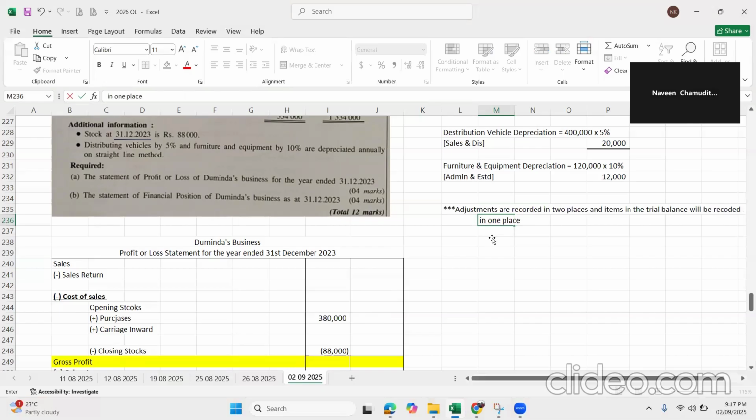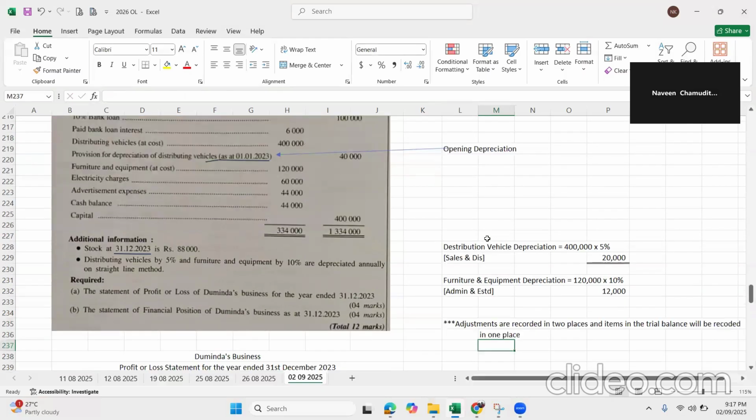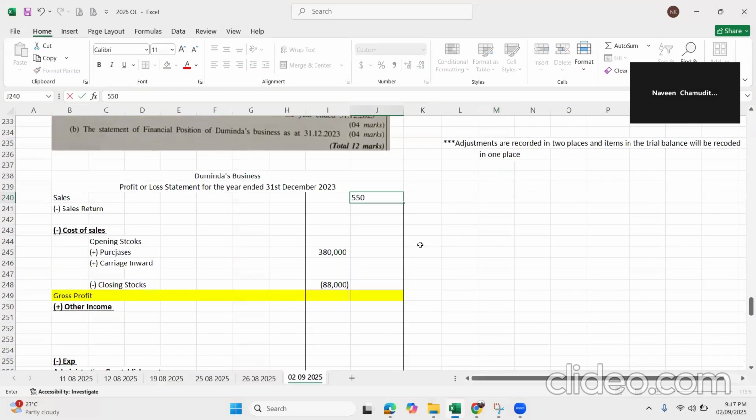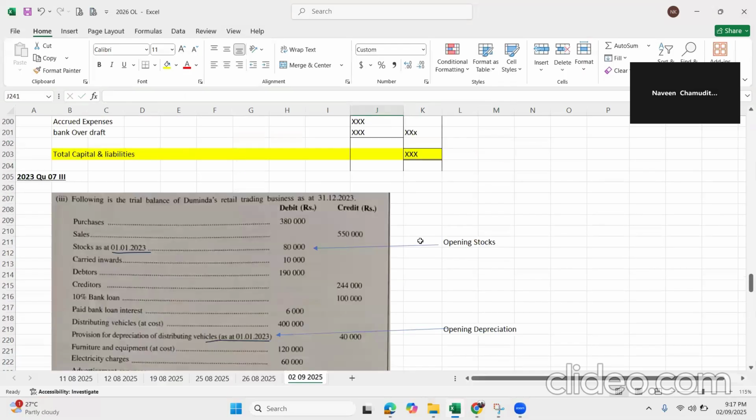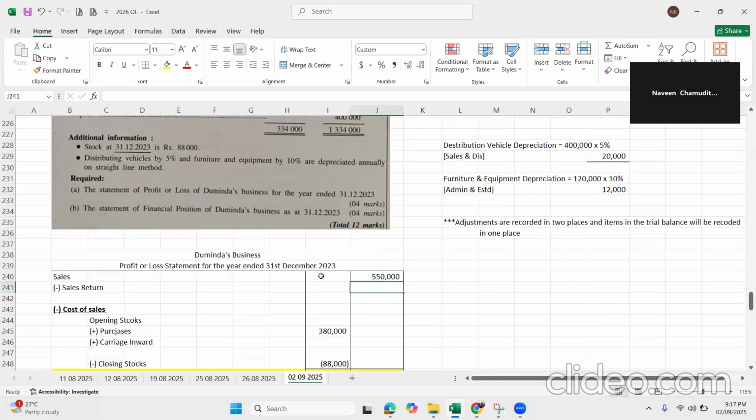Very important. Right, so here purchases 380,000 done. Sales 550,000, it's here. Then stocks opening balance, opening stock, that is for the cost of sale calculation, 80,000 here.